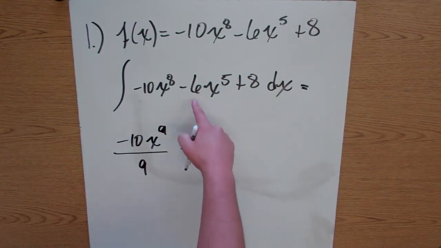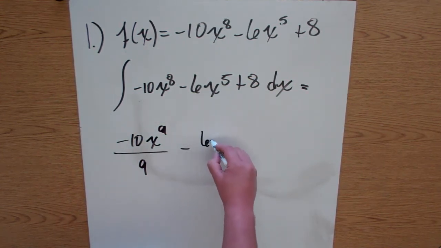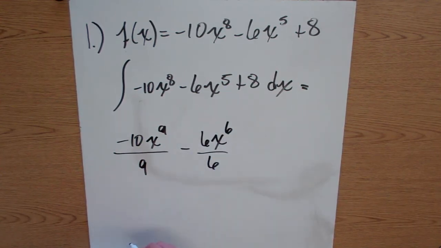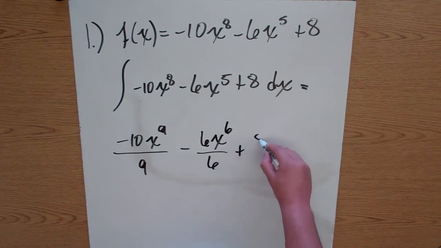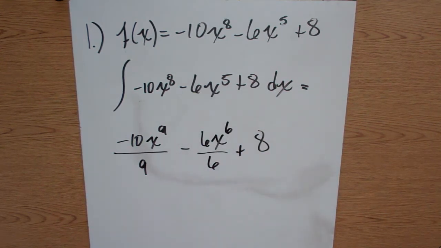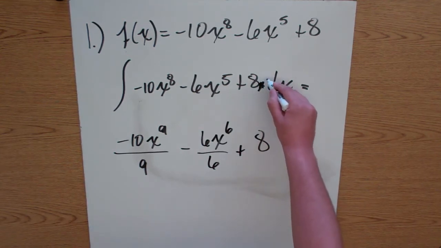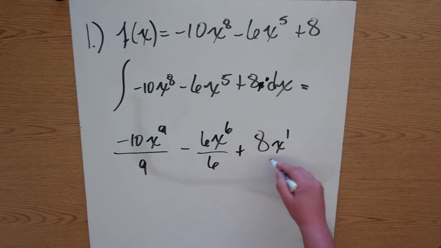And then minus 6x to the 5th. Well, that 5 you're going to add 1, so it's going to be 6, and then you're going to divide by the 6, plus 8, and of course now that has to be 8x because you can look at this as technically x to the 0. So x to the first, and of course dividing by 1 doesn't do anything.